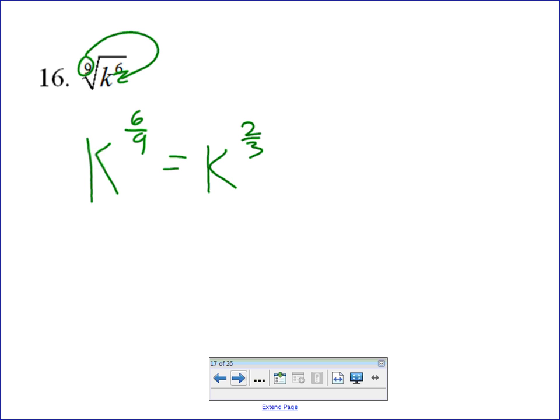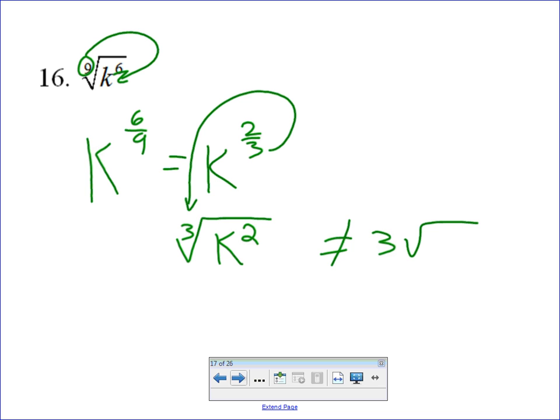But on the SOL or any test, if the original answer came in radical form, then the answer choice in the multiple choice is probably also going to be in radical form. It's the same thing. We put the 3 back into the index. Remember, this is not that. The 3 does not go out front. The 3 goes in the index.